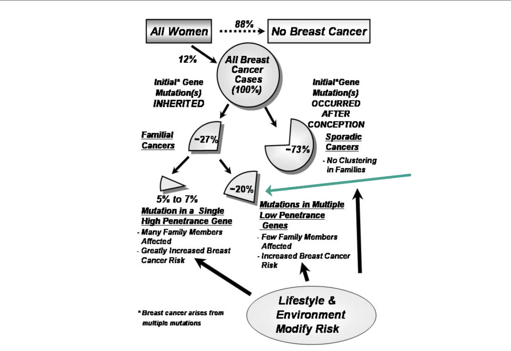The largest proportion of those are mutations in multiple low prevalence genes, that is, low penetrance genes. That means that there's a predisposition to developing cancer, but it's by no means assured. And so most of those women won't get cancer, but a proportion will. Then there's 5 to 7% that are high penetrance.